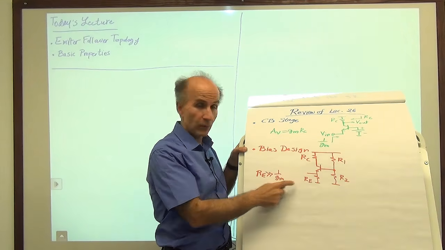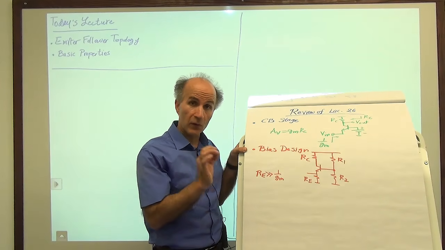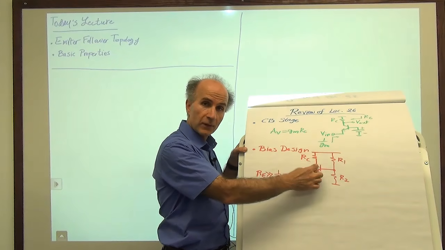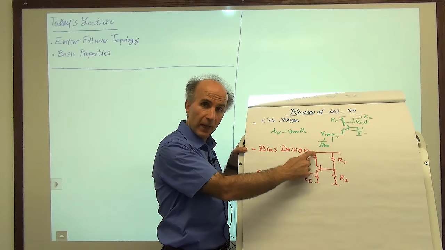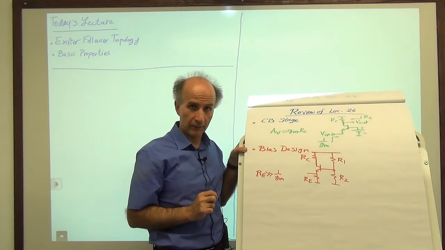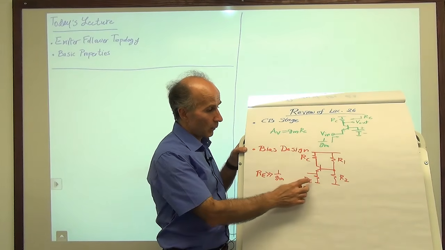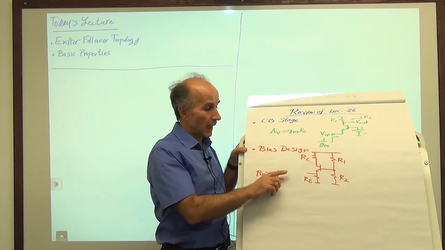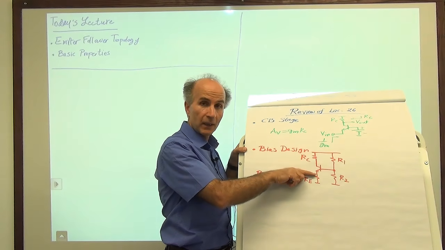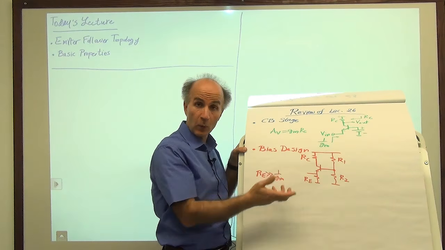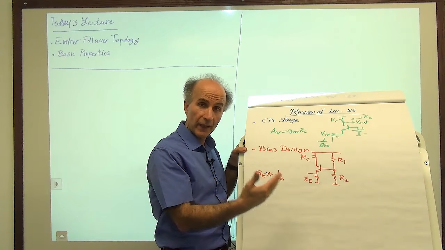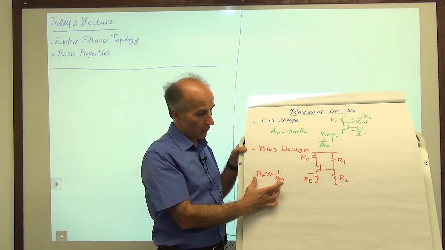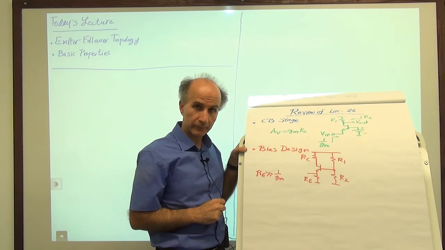Here we have used a simple resistor whose sole job is to allow the bias current of the transistor to go from the positive side of the battery to the negative side of the battery. So what now happens is that RE allows some of the signal current that's coming in to be routed to ground, to be wasted. And to avoid that waste, we would like to maximize RE.